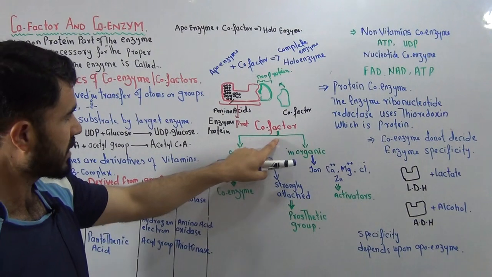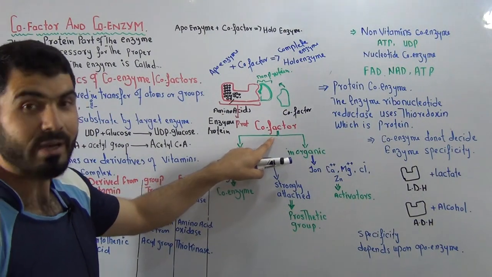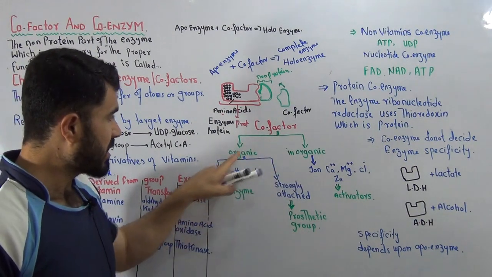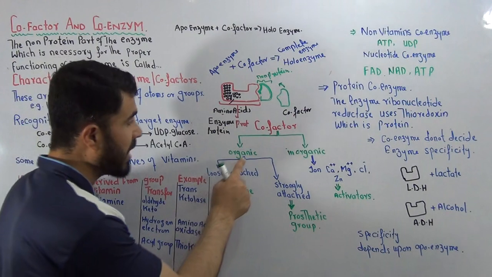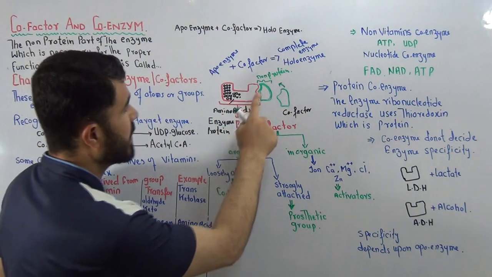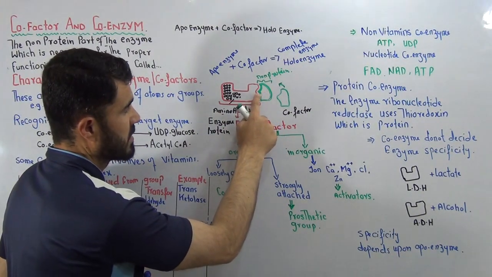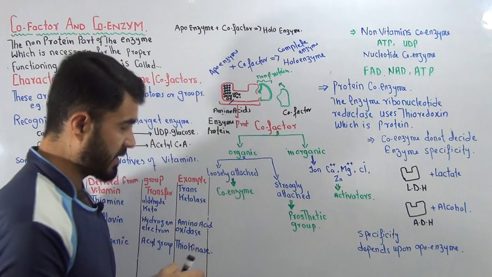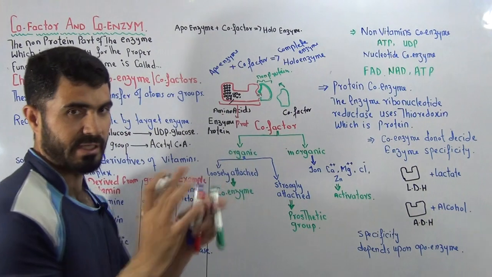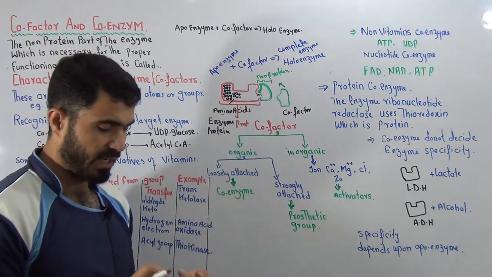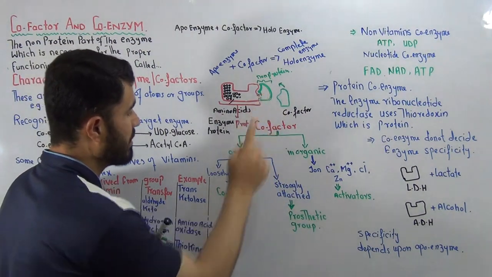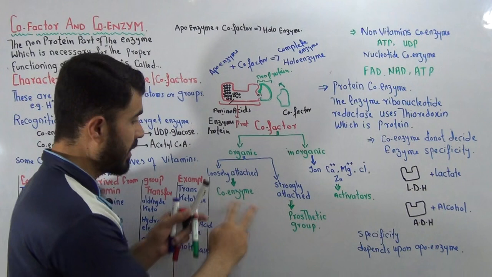Here there are two arrows. The cofactor may be organic or inorganic. In case it is organic, it may be loosely attached or strongly attached. If the attachment is loose, such that it can be separated, then this will be called a coenzyme.